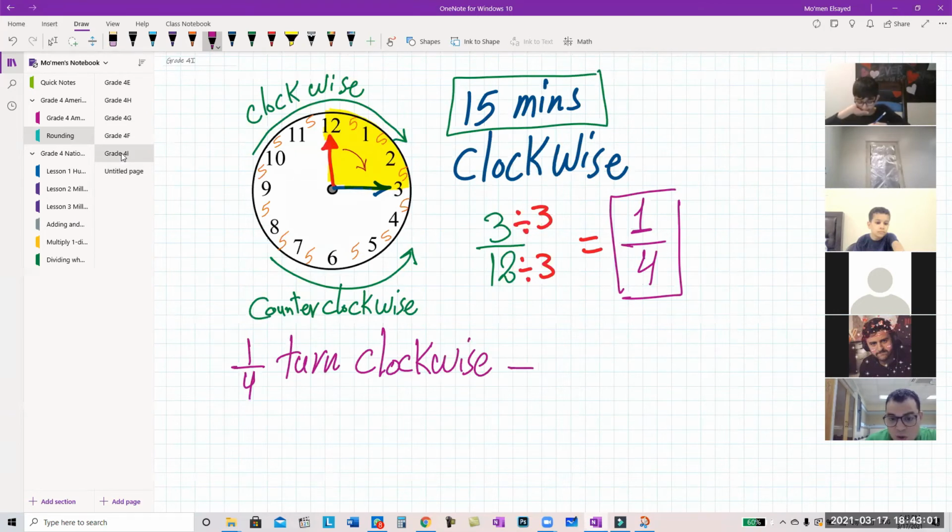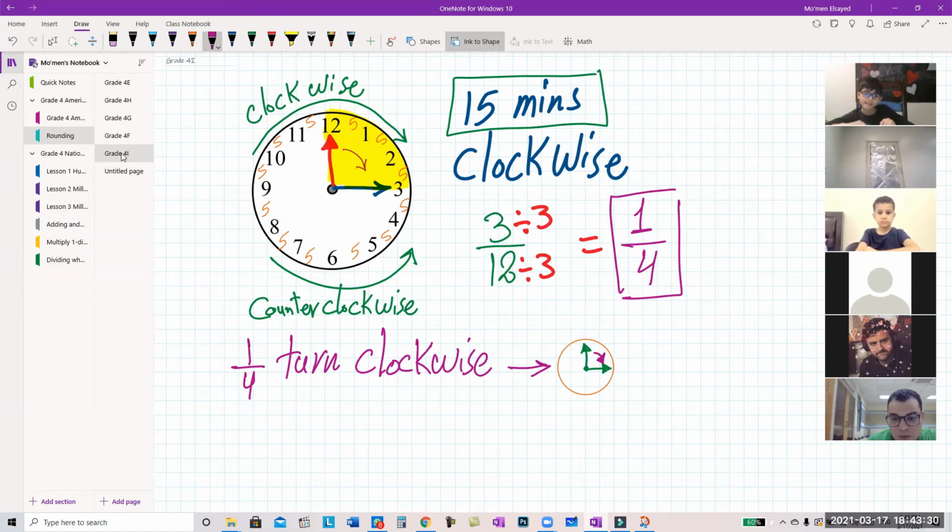Let me draw here what it looks like. Like that. So that's clockwise, because we have to move from this to this.